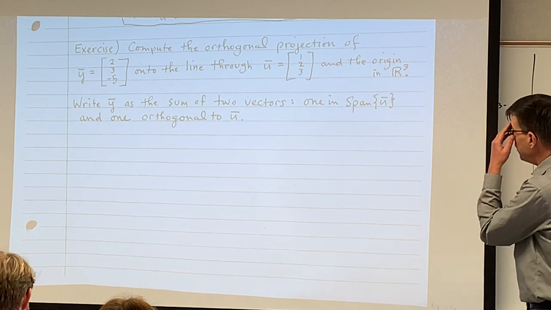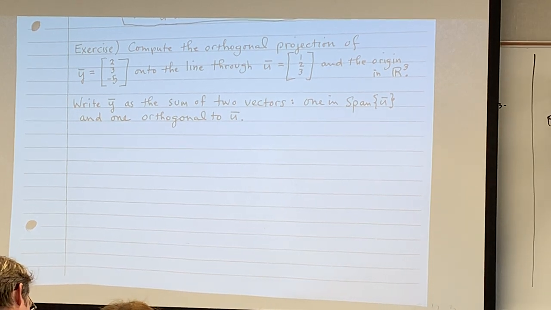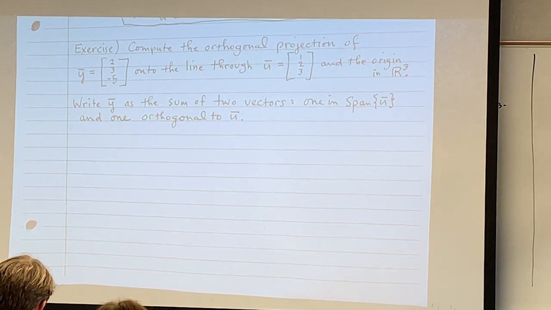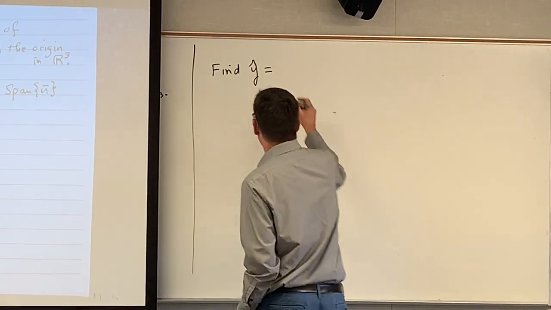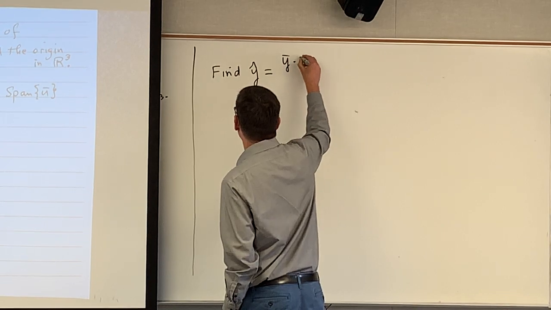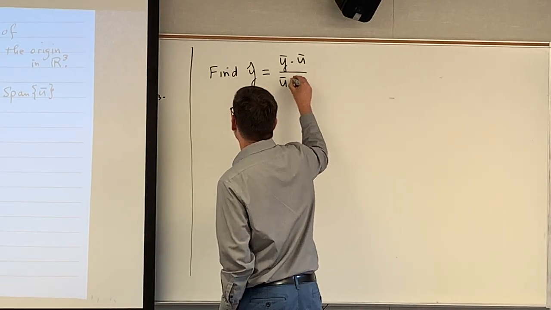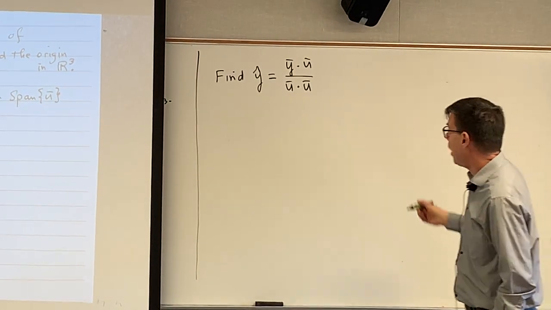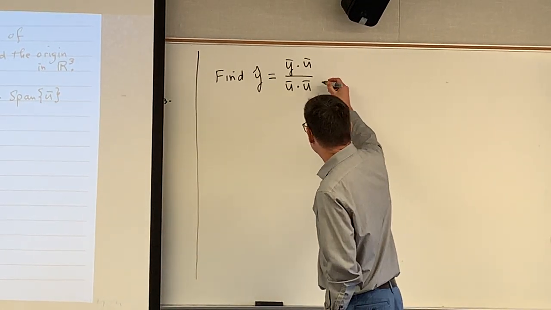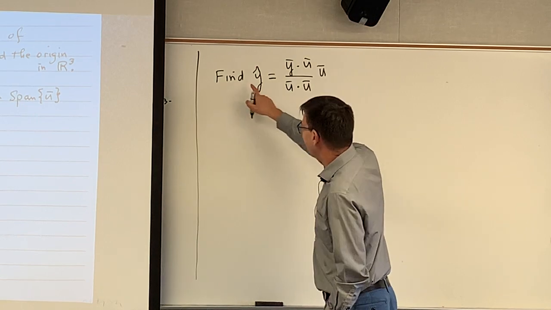So the first part of that exercise is just to find y hat, which is y dot u over u dot u, times u. That's a vector.